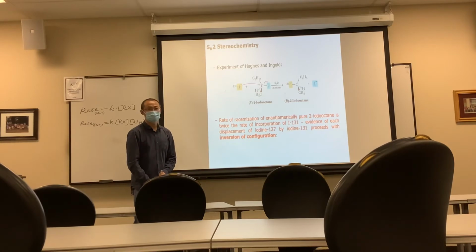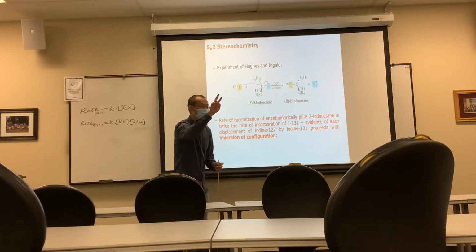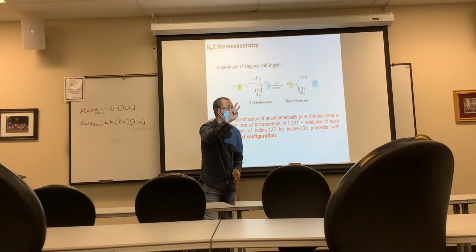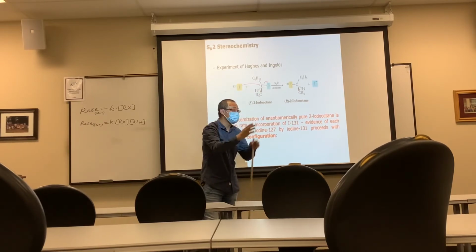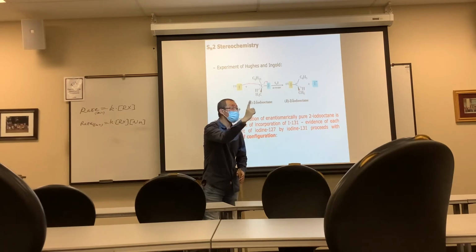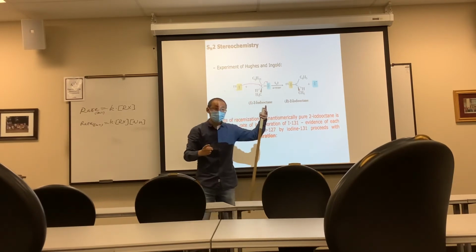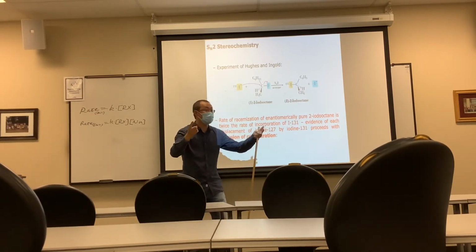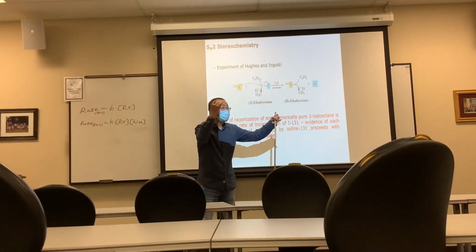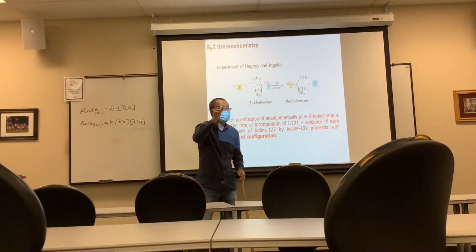What does it mean? Think about it. If I have 2S, think about how many inversions I need to make a racemic mixture? 50%. Only one. If I have 2S, if I want to make racemic, I need 1S and 1R. So I only need to do one inversion.